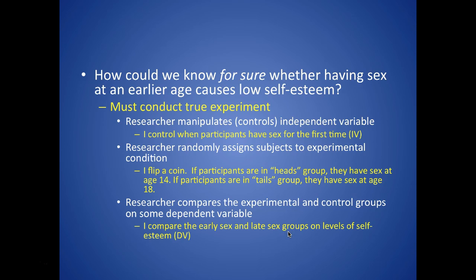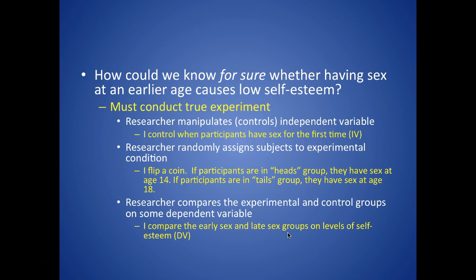To know for sure whether having sex at an early age causes low self-esteem, you must conduct a true experiment, which is, in this case, practically impossible to do because you have to manipulate independent variables. You have to control when participants have sex for the first time, so you have a couple of groups and you assign subjects randomly and you say, okay, experimental group, go out and have sex at 14, and the others you wait until you're 18.